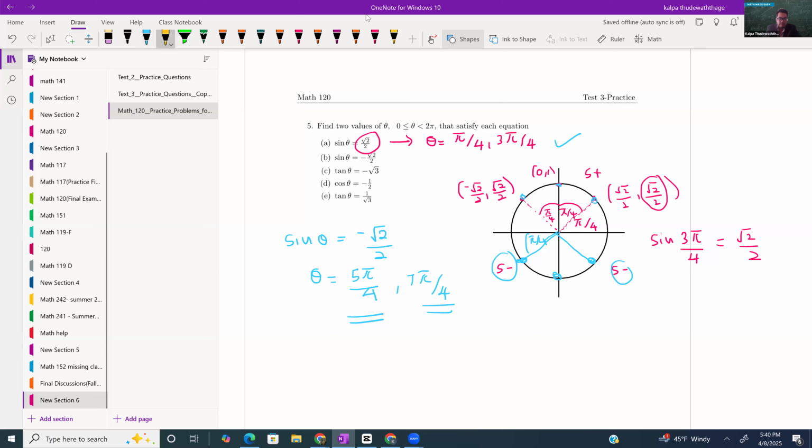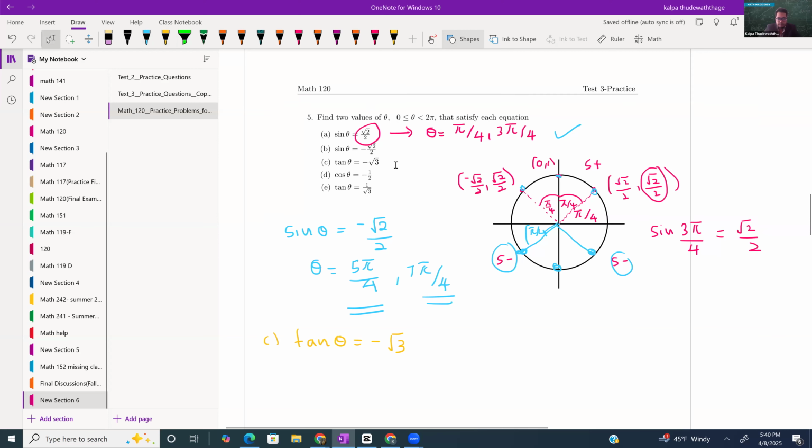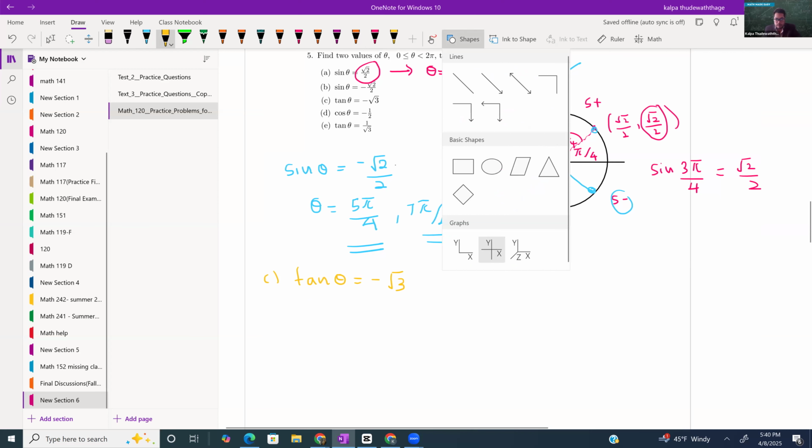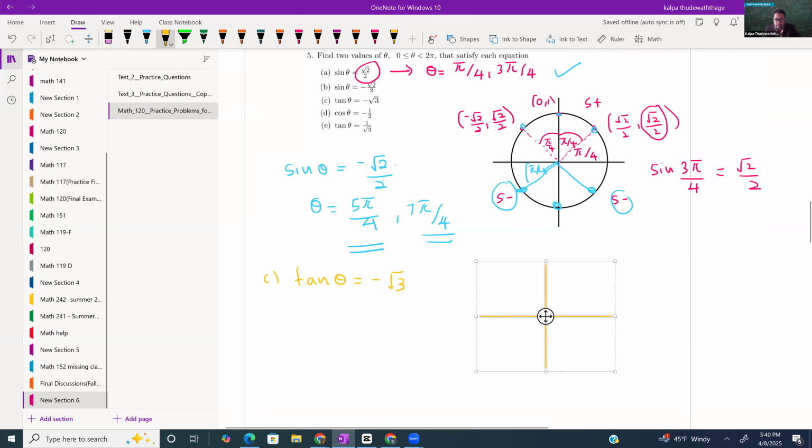So how about the other one? So C. I'm looking for tan theta equal to negative √3. Okay, how do you get that? I'm going to draw this one more time, just to give you the idea.